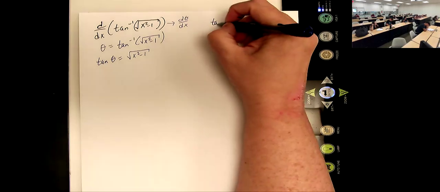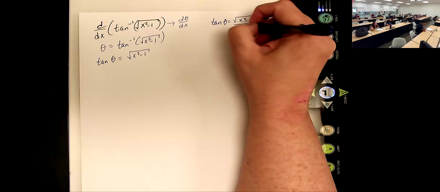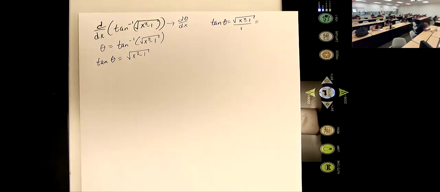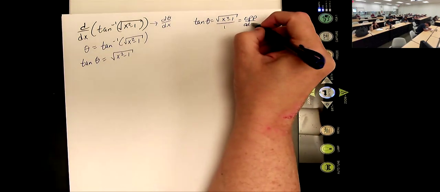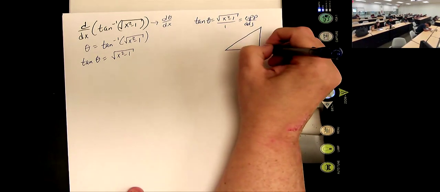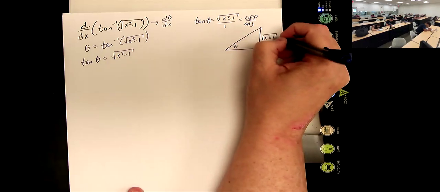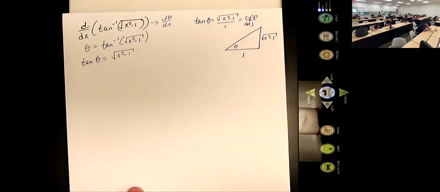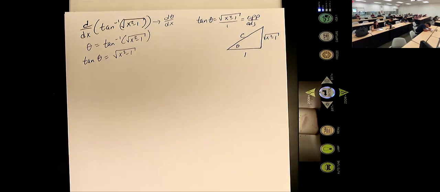And we can make our triangle real quick if we'd like. This is the square root of x squared minus one over one. Opposite over adjacent: opposite is the square root of x squared minus one, adjacent is one. I'm gonna call the hypotenuse c because we often do a squared plus b squared equals c squared.